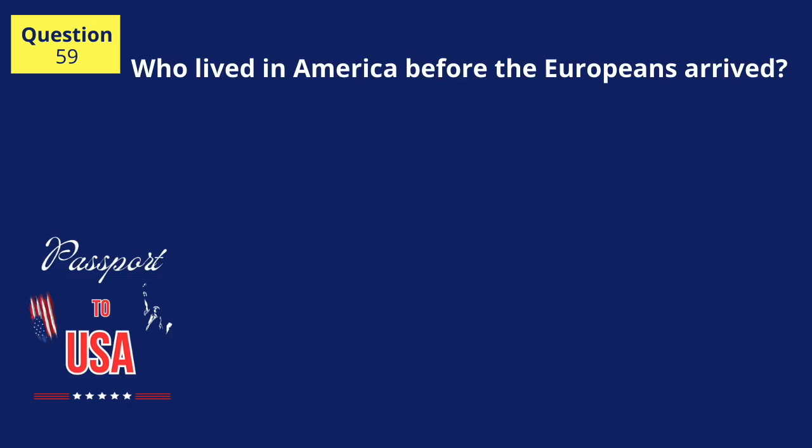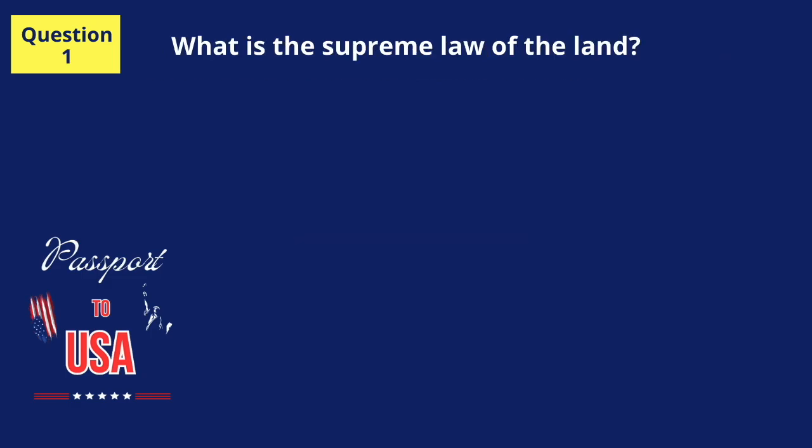Who lived in America before the Europeans arrived? American Indians. What is the supreme law of the land? The Constitution.